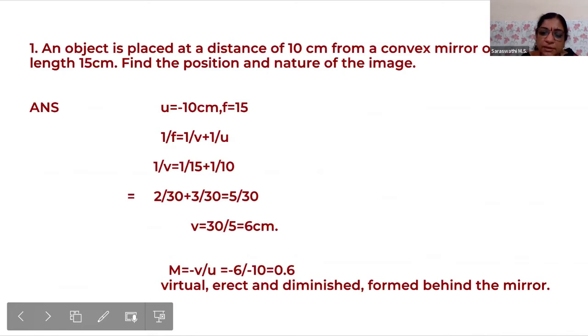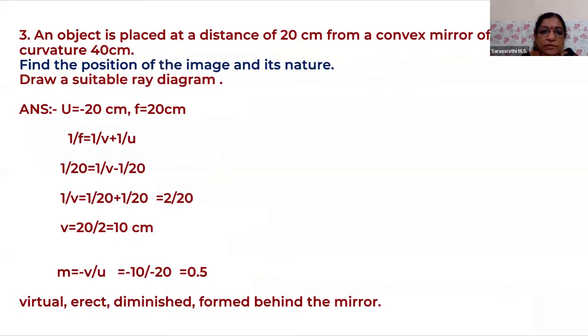Okay. Now we'll go on to the next problem. An object is placed at a distance of 20 centimeter from a convex mirror of radius of curvature 40 centimeter. Find the position of the image and its nature. So u here is equal to minus 20.